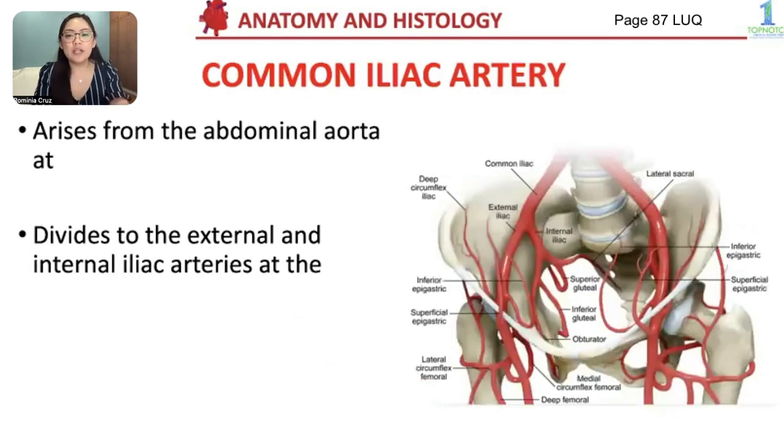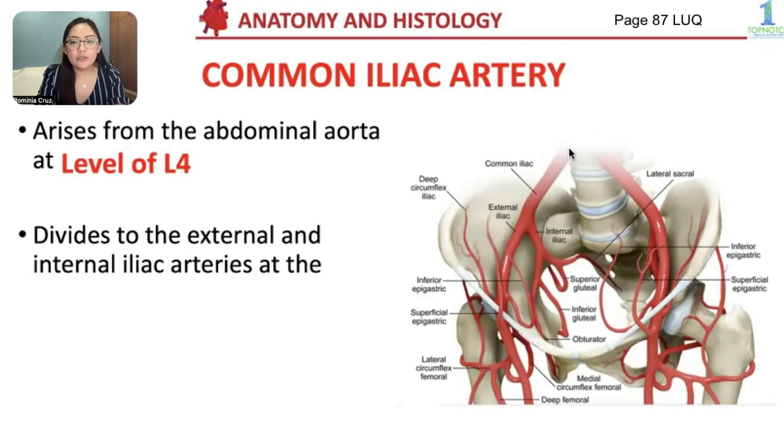And as the abdominal aorta continues to descend, it then bifurcates at the level of your fourth lumbar vertebrae to become the right and left common iliac artery. The common iliac arteries then continues down to your pelvis. Okay.